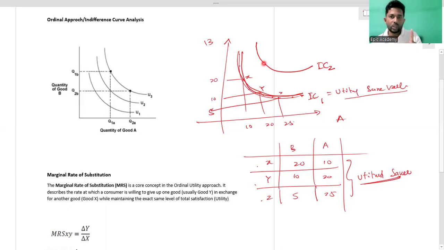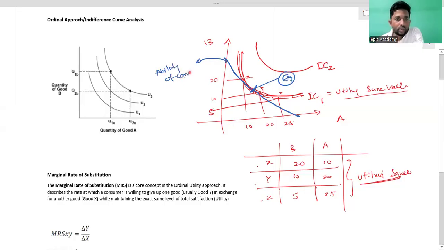That is why in the ordinal approach, we say that where the budget constraint crosses the IC line, that's the equilibrium of the consumer. Because this budget constraint, or budget line, always displays the ability of consumption.